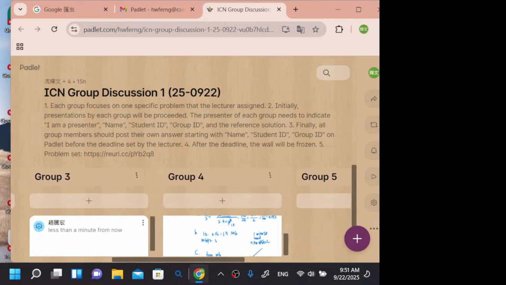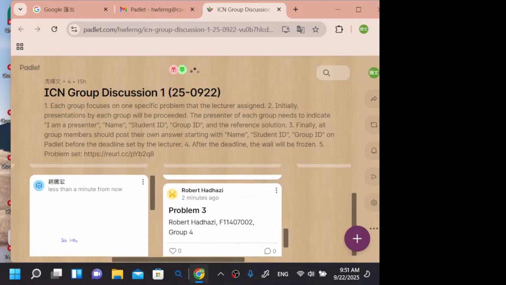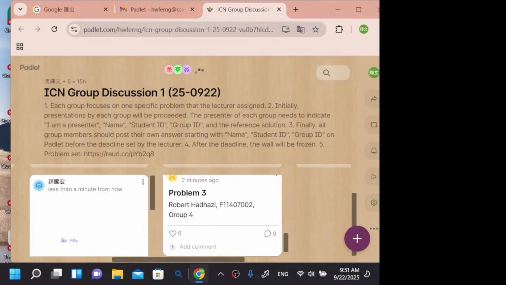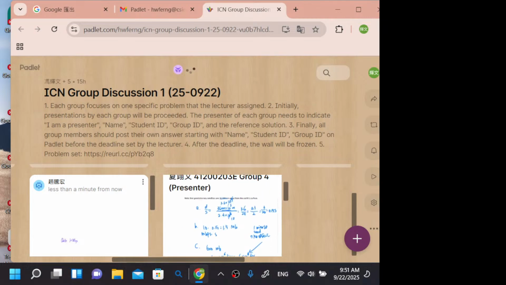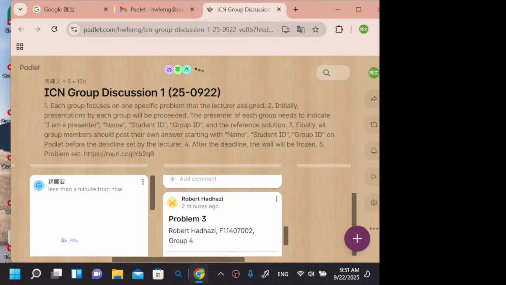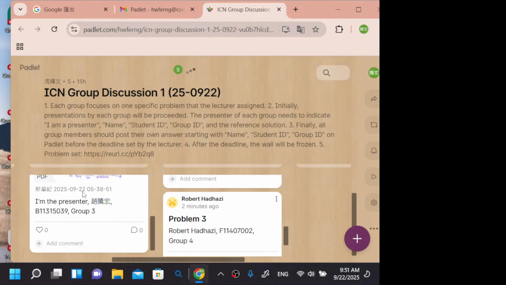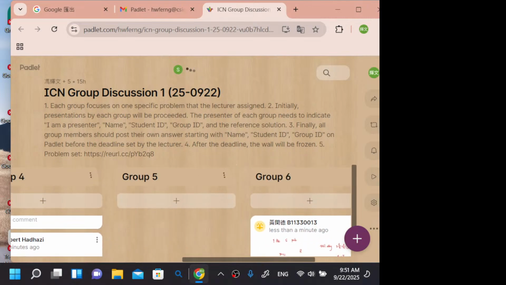And group 4. Yeah, presenter. The problem solution here is okay, but I will ask the presenter to have the presentation. And yes, we have the presenter for groups 3 and 4, and group 5.